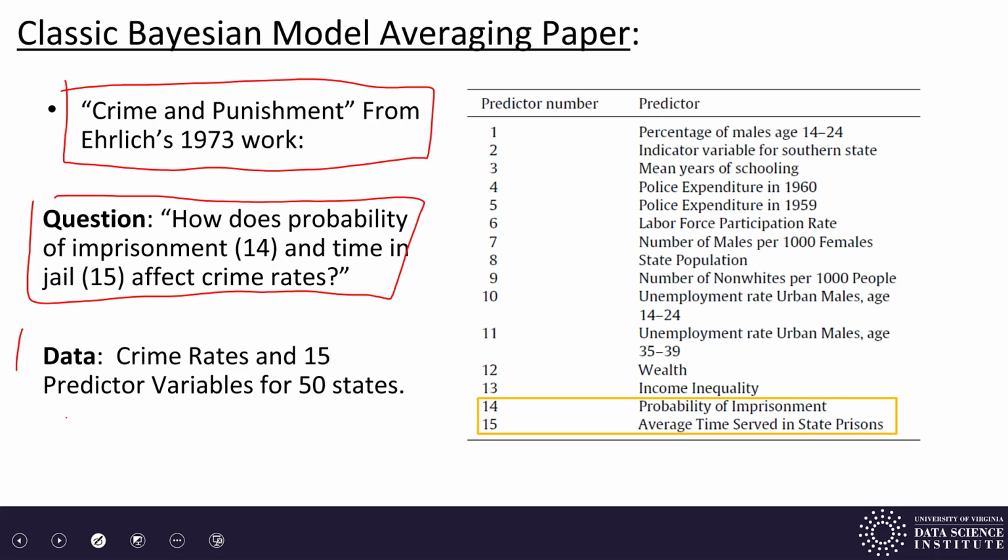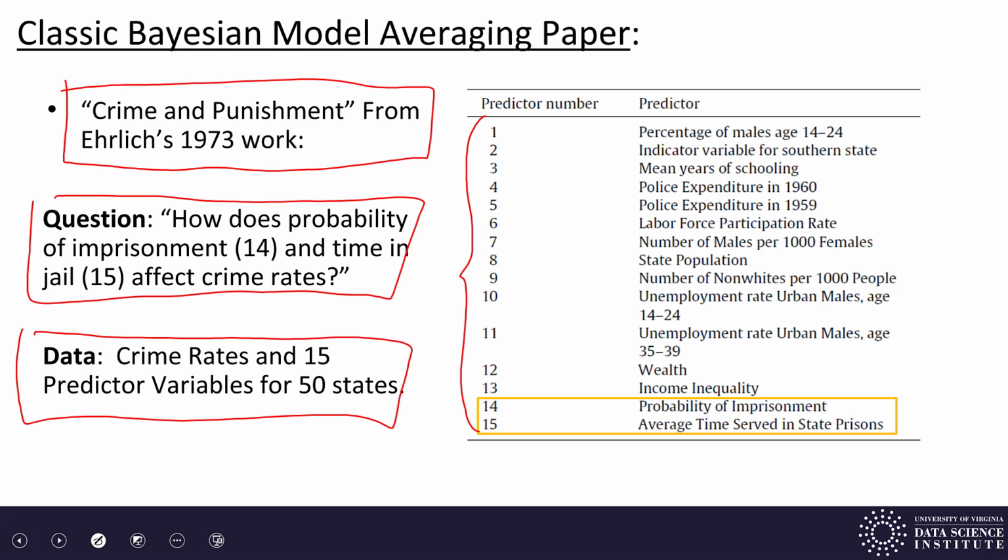And so the data, we have crime rates and 15 predictor variables for 50 states. The predictor variables are this list right here, numbered 1 through 15. So for each state, we have the crime rate and the predictor variables, and I believe it's a crime rate in 1960 or 61, sometime around there.